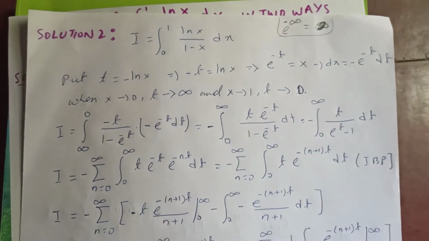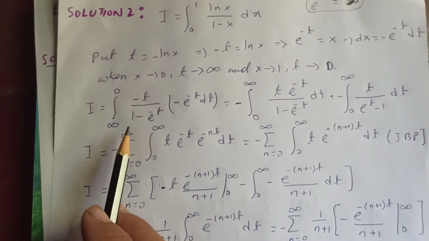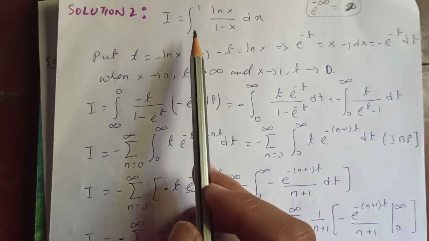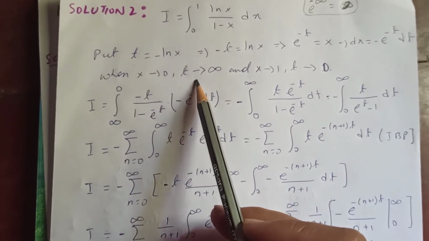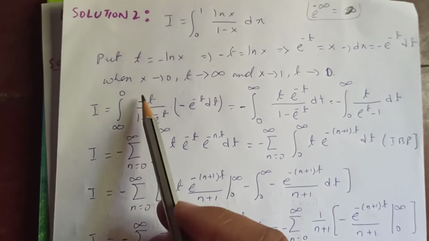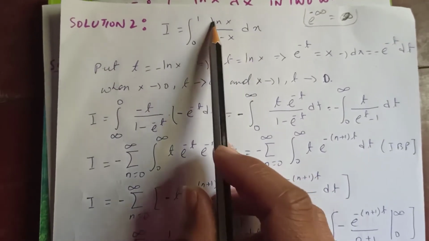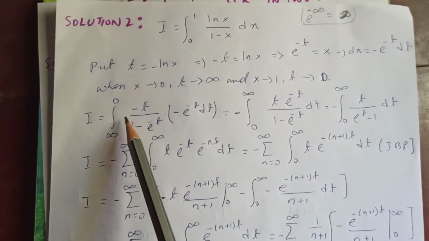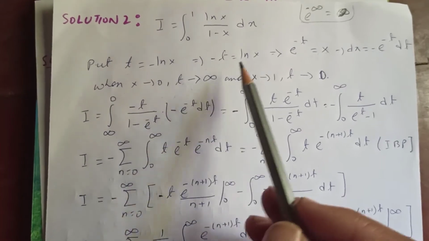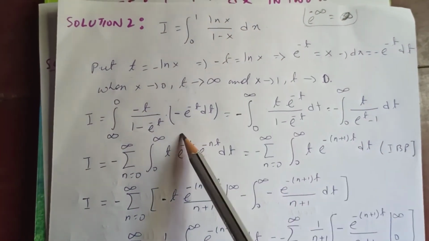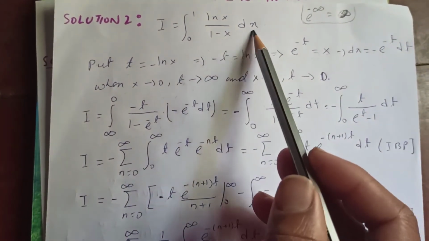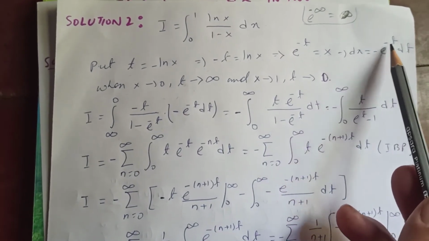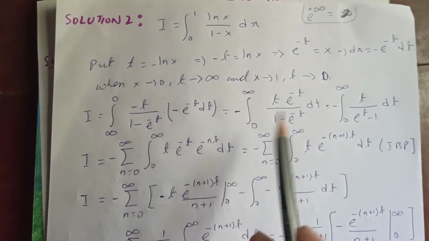Now our I is, when x tends to 0, t tends to infinity, so the limits go from infinity to 0. ln x is negative t, over 1 minus x, which is e to the negative t, and dx is minus e to the negative t dt. Here it is.